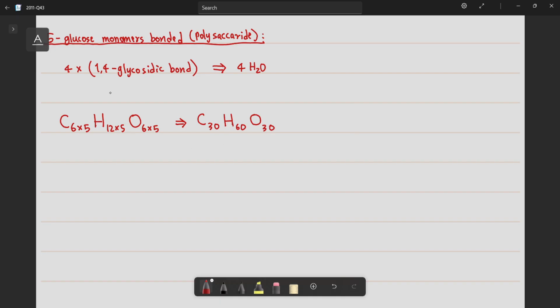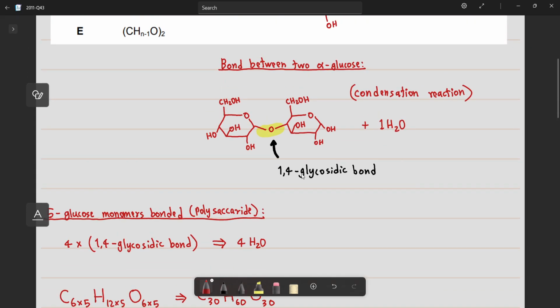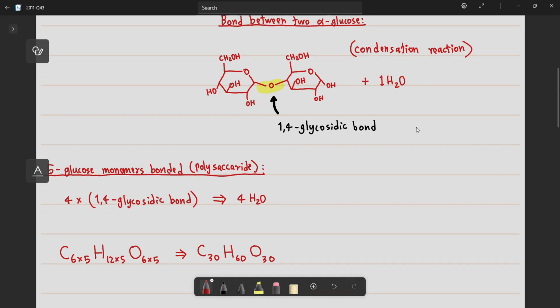Why? Because these glucose monomers are formed via 1,4 glycosidic bonds. As I've mentioned, if it forms a 1,4 glycosidic bond, it will lose one water molecule.